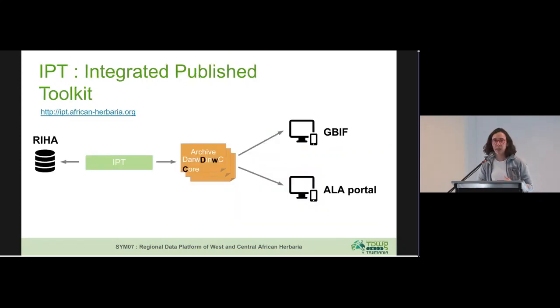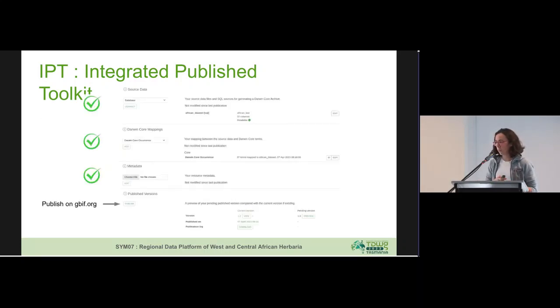The second tool is the IPT, which stands for Integrated Publishing Toolkit. With this web application, we can connect to our RIA database and generate a Darwin Core archive from this data and send it to the GBIF website, but also to our LA portal. On this IPT, we have one data set containing herbarium data from the 6 countries by connecting it to our RIA database.